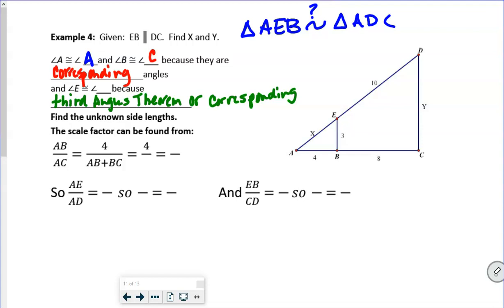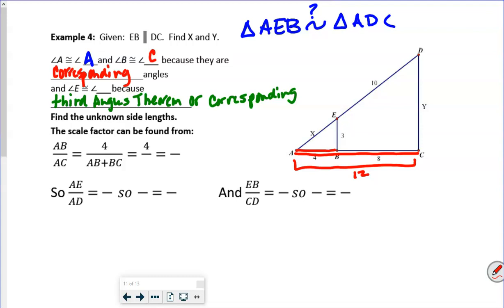So find the unknown lengths, it says. So we notice we have AB here, right? And then we have AC. You see it? So what is the length of AC? That would be 12, wouldn't it? And the way we got that is by adding together AB and BC, right?